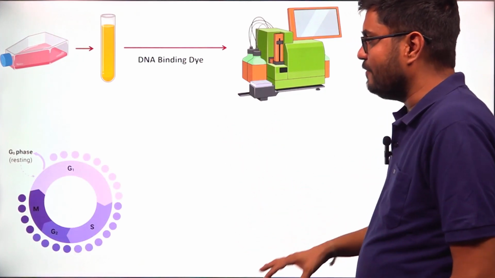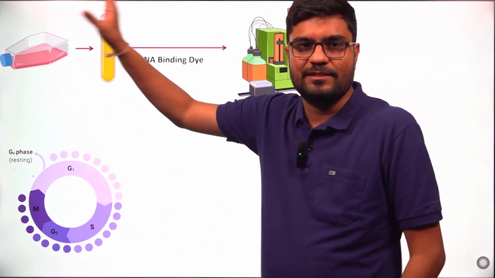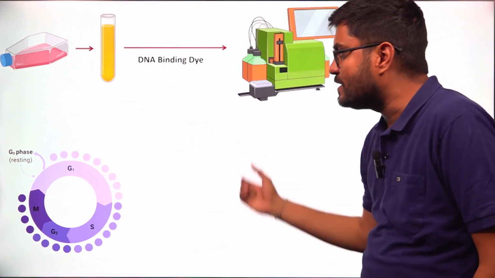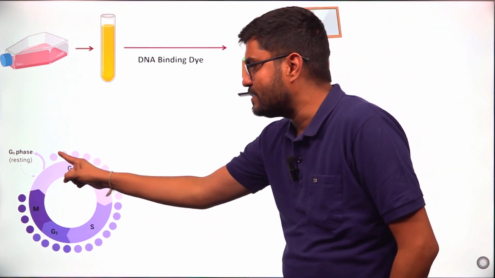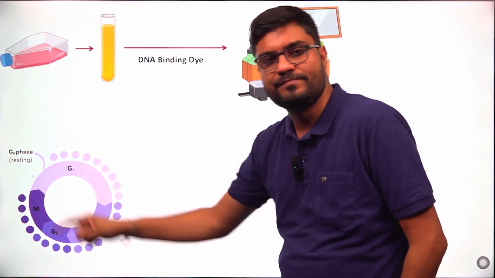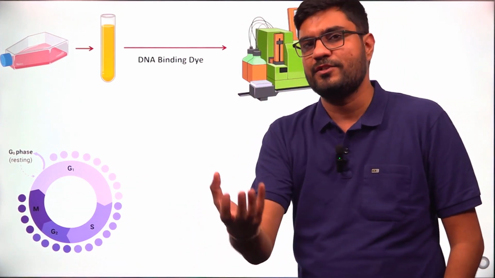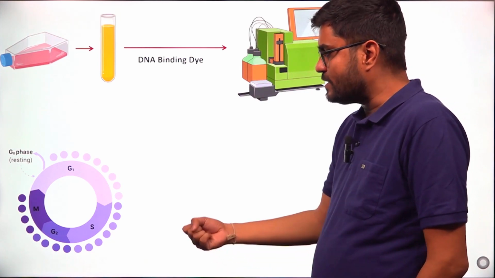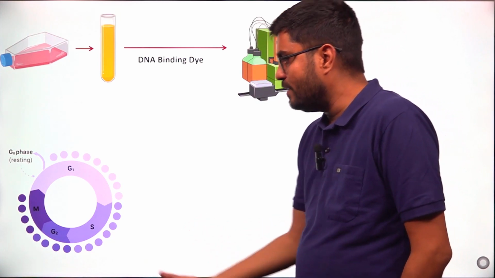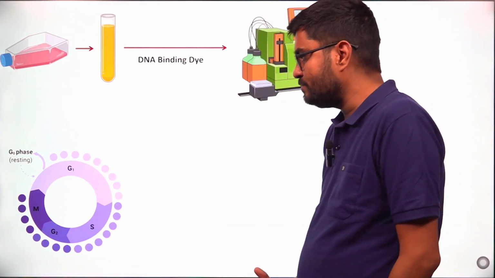So again we have the cell cycle, and this time we have multiple cells. Now some of the cells will be in which phase? G1. So let's say out of 5 million cells, 30 to 40% or 50% of cells are in G1. Then some of the cells will be in the S phase, doing replication.